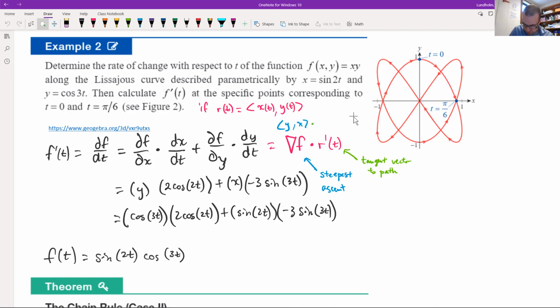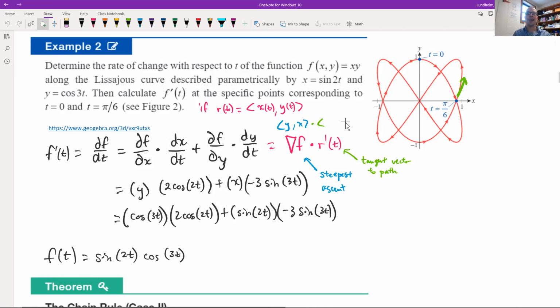And then this one, this is the tangent vector to the path that's being traced out in 2 dimensions. So yeah, you might want to think about, as you're going along, r prime of t would look like a tangent vector along the curve at some certain point.